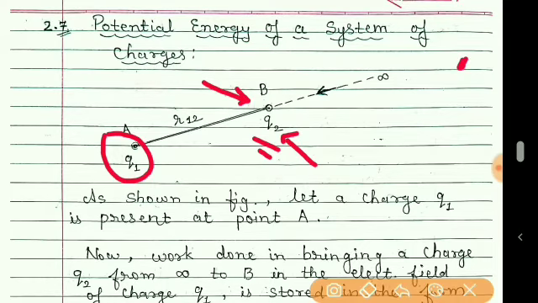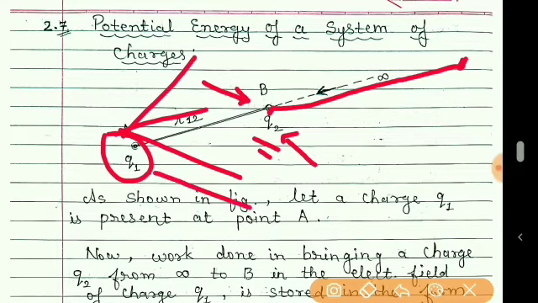Suppose I am bringing this charge from infinity to this point B. In that case, there is an electric field around this charge, so I have to do work against the electric field during the displacement of this charge, and that work done is stored in the form of potential energy.